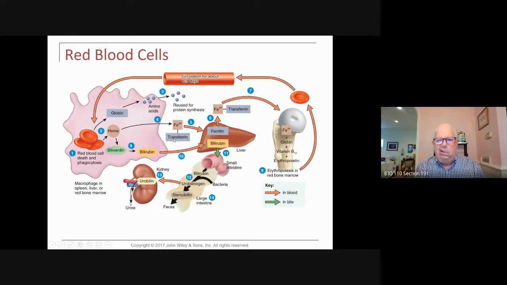It's called transferrin. It gets into the liver, and the liver makes from this right here, it makes ferritin. Ferritin then goes into bone because bone needs iron.